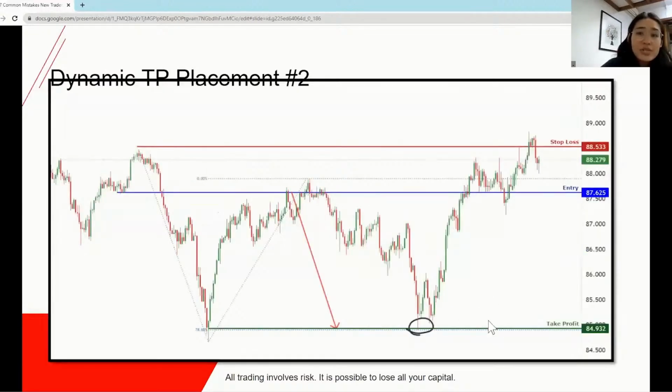So that's why we always say that the take profit should be placed before any major area of support and resistance or Fibonacci confluence, because it's likely to just touch it and reverse off. And you want to make sure that that price really does touch your take profit before reversing off of it.